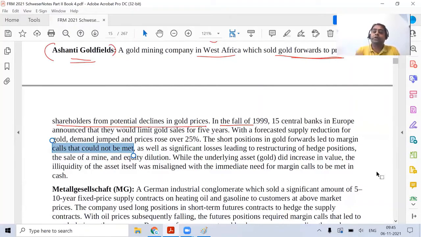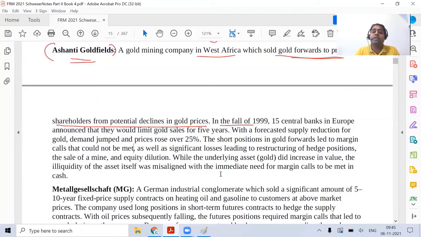So the counterparty will ask for collateral, and when there is a need for higher collateral, you as a company will have to give your assets to meet that collateral requirement or margin requirement. And that is what primarily happened.